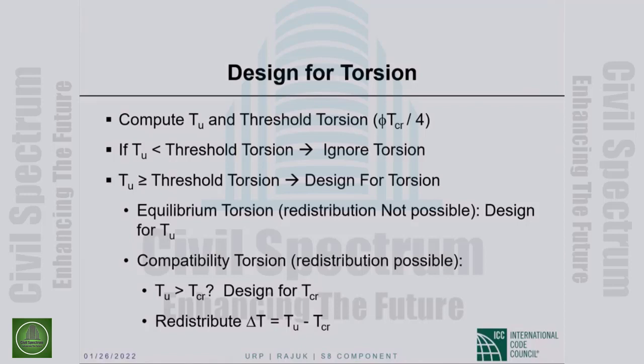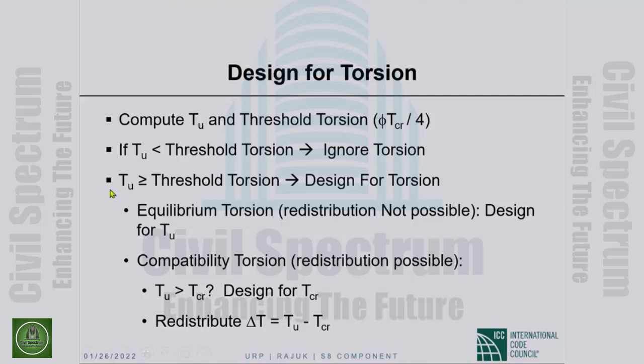Threshold torsion is 1/4 of the cracking torque, the torsion that causes torsional cracking of the member. We can figure that. Okay. So if the applied torsion, the required torsional strength T sub U, is less than the threshold torsion, 1/4 of the cracking torque, then we can simply ignore that torsion. There is no torsional design in that case. The torsion is too small to count.